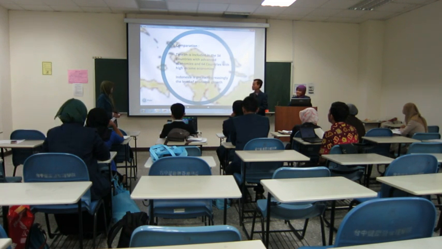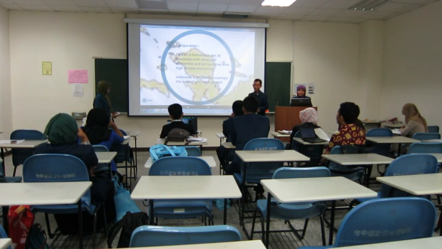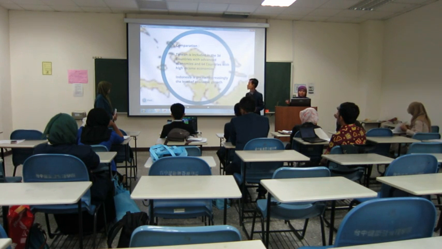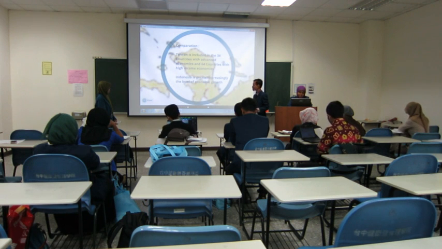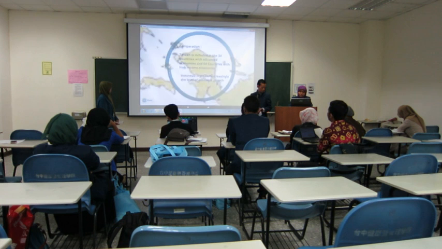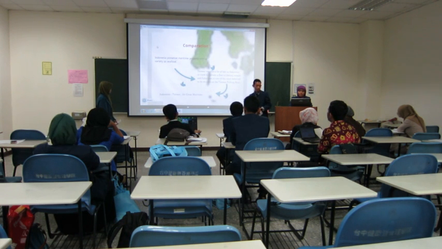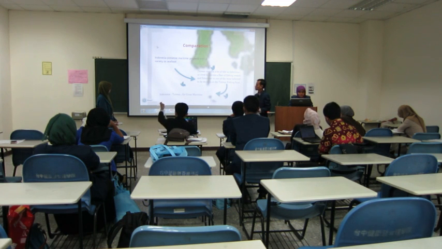I want to describe the cooperation between Indonesia and Taiwan. In this slide, Taiwan is included in the 34 countries with advanced economies and 64 countries with high income economies. And Indonesia is great in sustaining the level of economic growth. You can make cooperation between Indonesia and Taiwan.